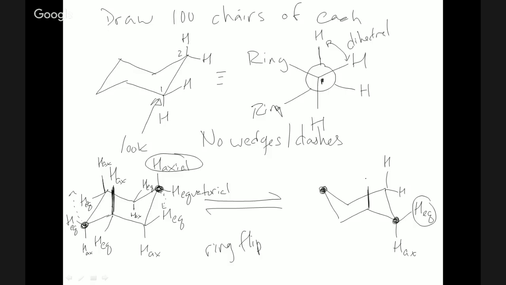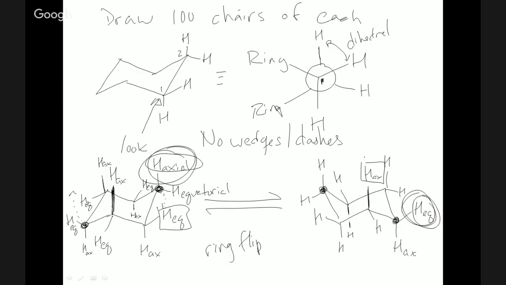The same thing here. You can show that this is back by breaking the bond, sort of. And a couple things to notice. Again, all the axial H's become equatorial H's. All the equatorial H's become axial H's. So let's put a box around that one. Okay, axial, equatorial, equatorial, axial, equatorial, axial, equatorial, axial, axial, equatorial.